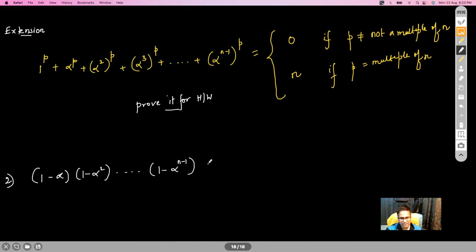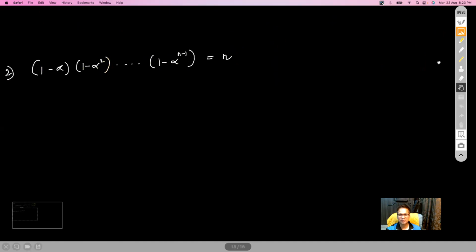This value is n. Now, this is a question which is worth solving. How many of you here know a bit of limits?